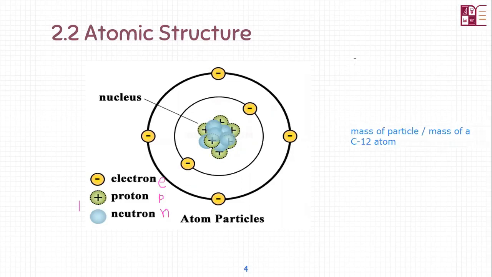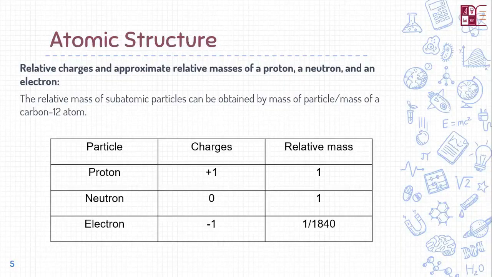Right. Now let me show you their relative charges and masses. So over here we have a very good table. You guys can use it for preparation of your exams as well. And this is very easy. You can remember it quickly. Okay, so we have the protons.